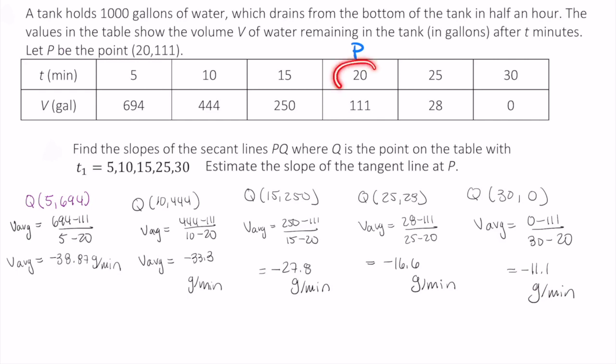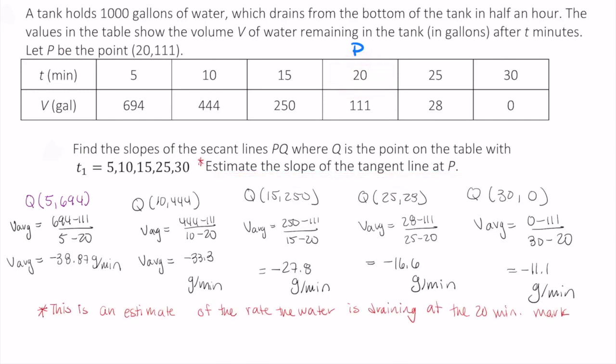So again, we're now interested in estimating the slope of the tangent line at P. So when we're finding the slope of the tangent line, what we're actually doing is estimating the rate the water is draining at the 20-minute mark. And we're going to do that again by averaging adjacent secant lines. So the secant line between the 15 and 20-minute mark and the secant line between the 20 and 25-minute mark, these are the two slopes we're interested in.